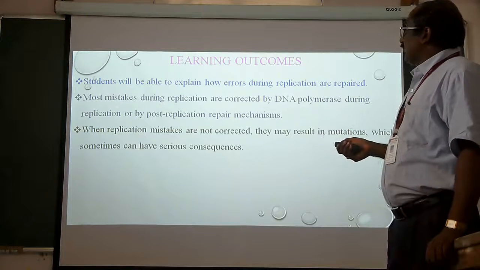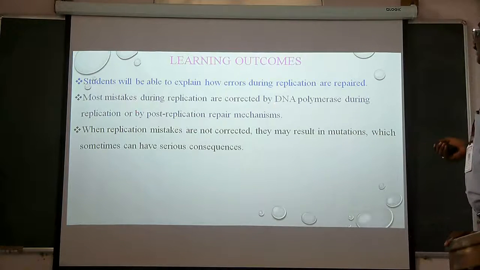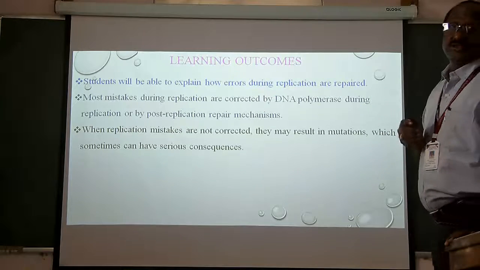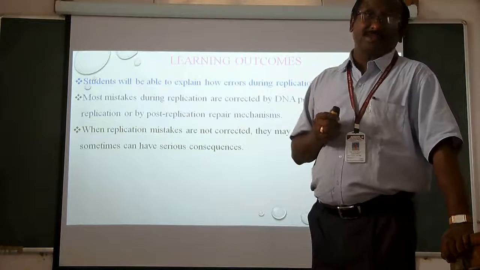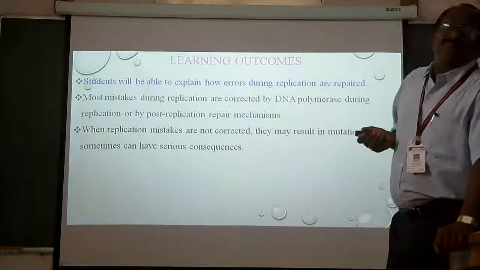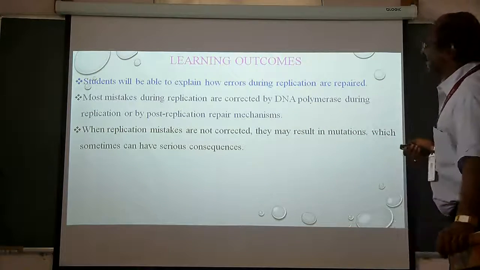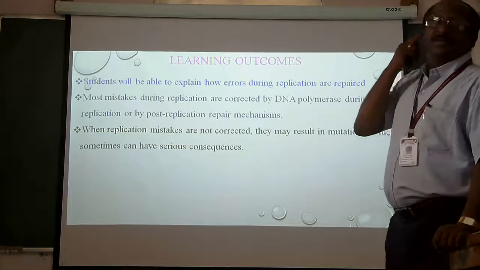Then the students will realize that most mistakes during replication are corrected by DNA polymerase. DNA has its own enzyme, which we call DNA polymerase. This is the enzyme which corrects the mistakes of the DNA in replication by the post-replication repair mechanisms.